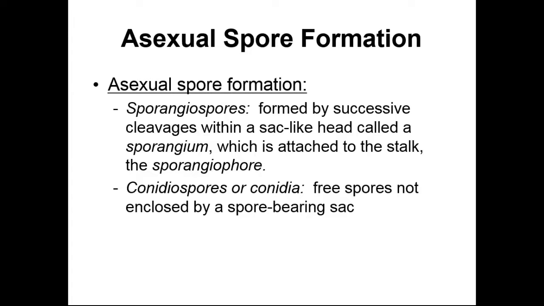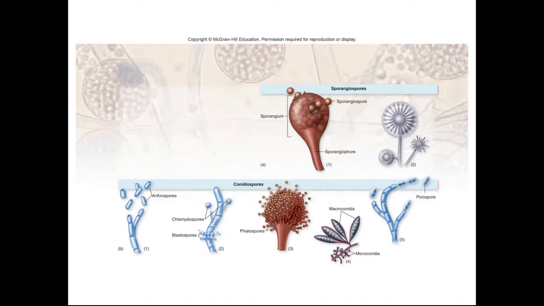These are free spores that don't need to be enclosed by that spore-bearing sac. They don't need to have the sporangium enclosing them. So over here, we can see our conidospores. So instead of having that sac holding them all in, they will be allowed to free float and enter the environment.